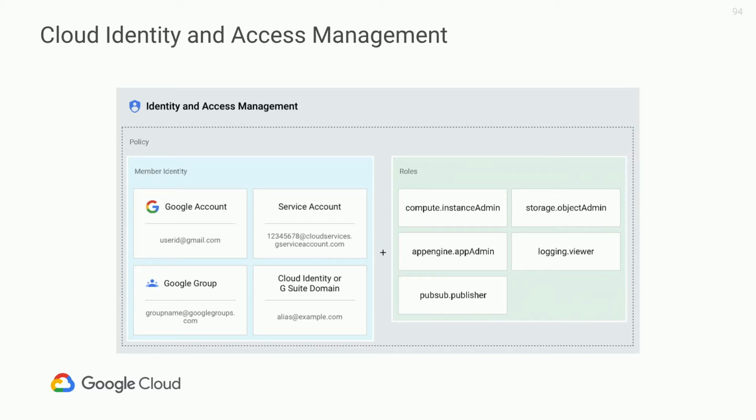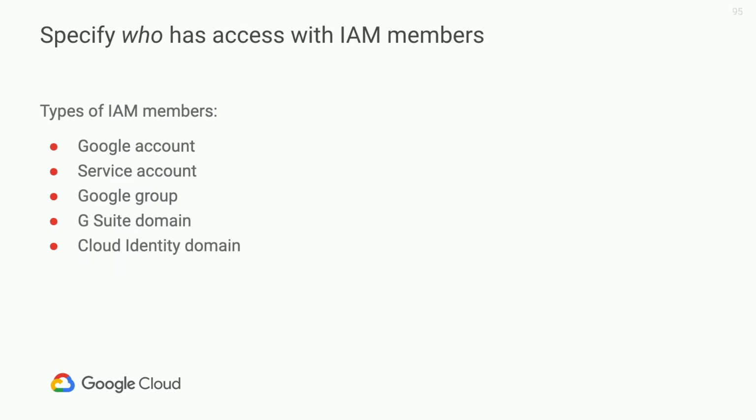Who stands for a member, what access is a role, and which resource is what you want to give to the user. And you should always implement the security best practice, which is giving out the least privilege, only the permissions needed for that role to do their job.